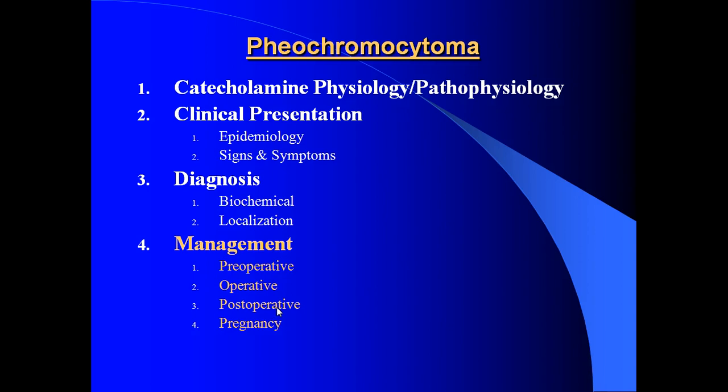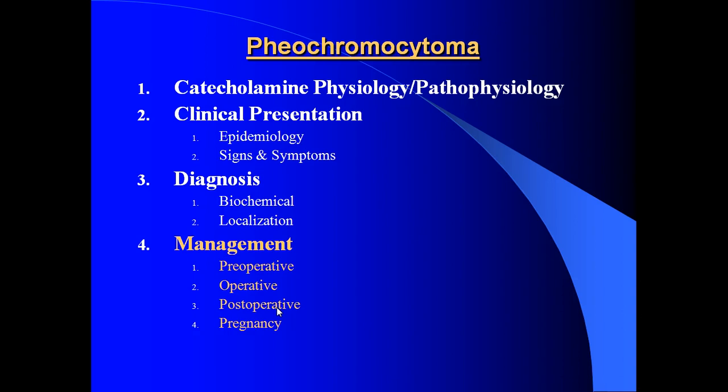Another problem is as soon as the abdomen is open and the tumor is touched, there is release of these catecholamines, and so the patient can go into hypertensive crisis. So you have to prepare the patient in such a way that the patient doesn't go into hypertensive crisis during surgery.